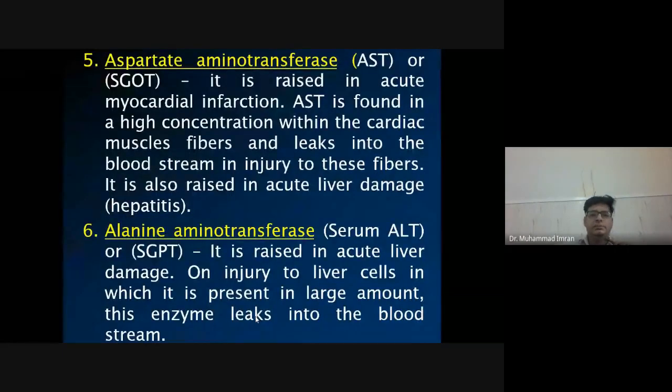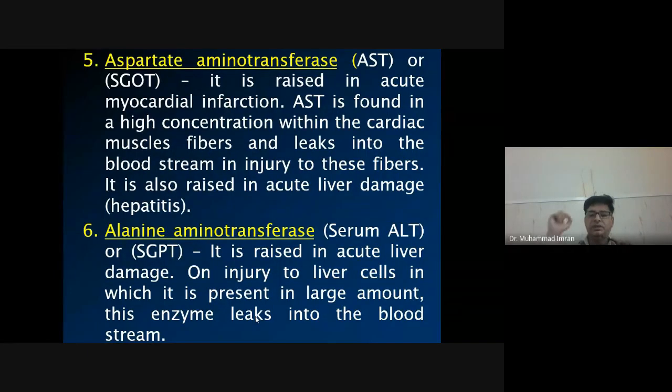Then aspartate aminotransferase is increased in myocardial infarction. AST is found in higher concentration within the cardiac muscle fibers and leaks into the bloodstream in injuries to the fibers. It is also increased in acute hepatitis.